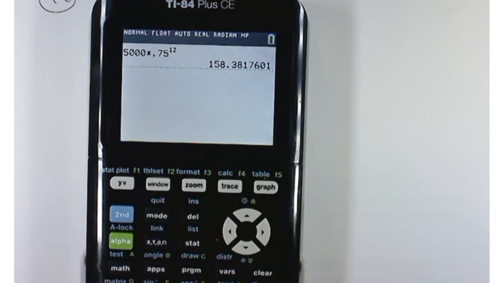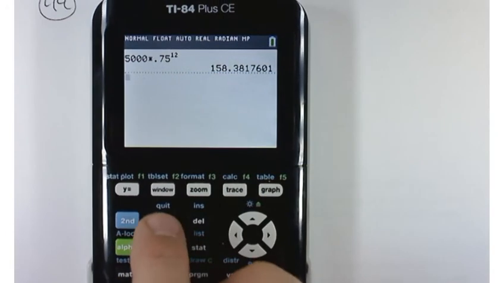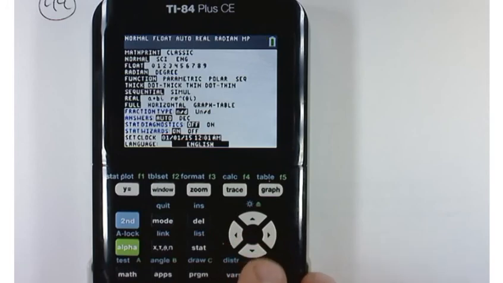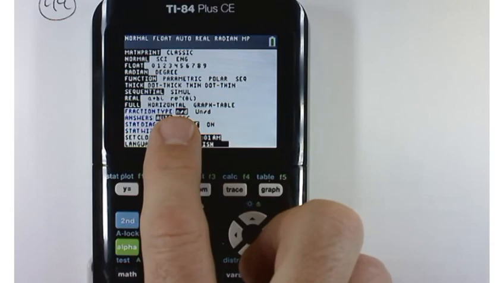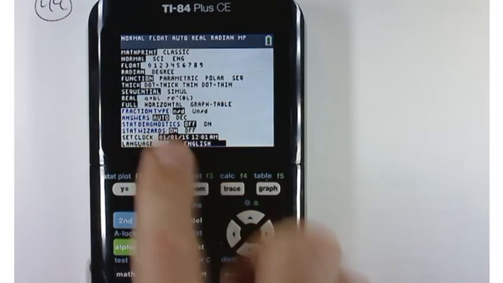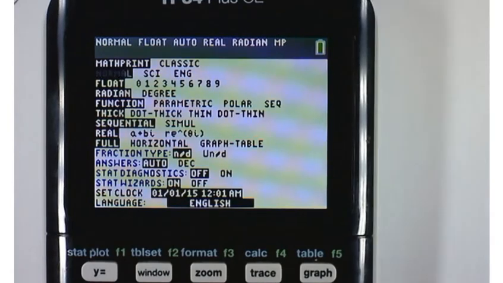Let me, the calculator's giving you your fraction. It could be one of your settings here. If you go to the mode, one of the things that it can do is give you fractions automatically. Let's take a look here. Let's see, normal, fraction type.